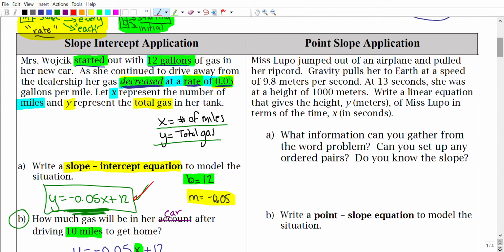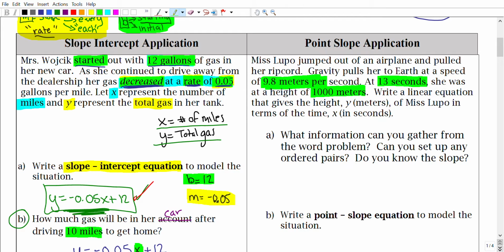Alright, so let's go ahead and read through this scenario, see if we can identify all of our information. So it says, Miss Lupo jumped out of an airplane and pulled her ripcord. Gravity pulls her to Earth at a speed of 9.8 meters per, see that per right there, that's going to be a keyword, and then it says at 13 seconds, she was at a height of 1,000 meters.